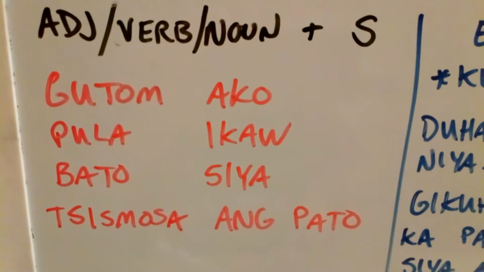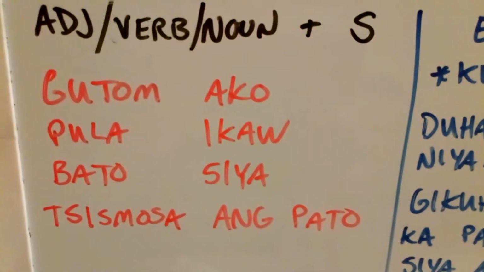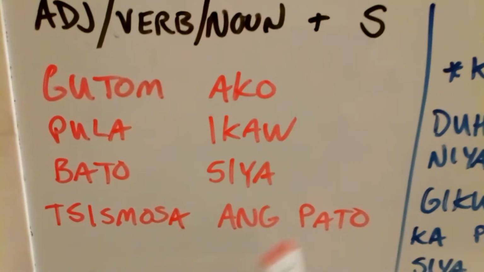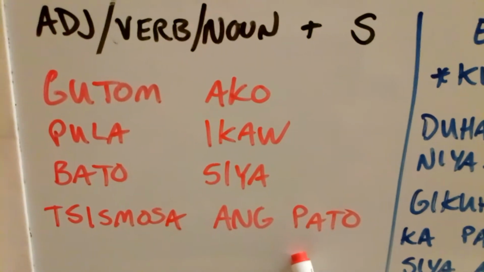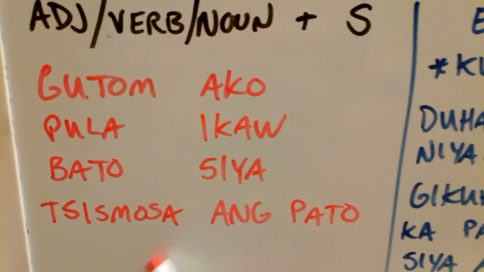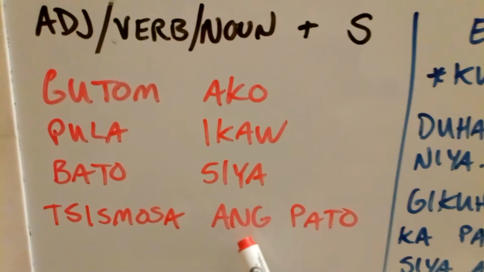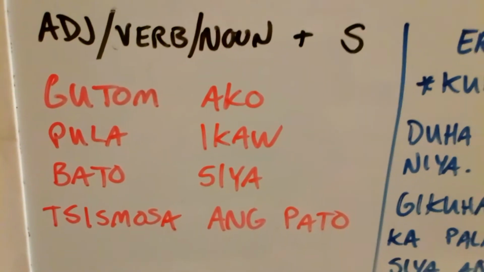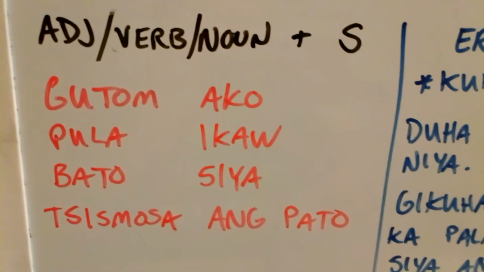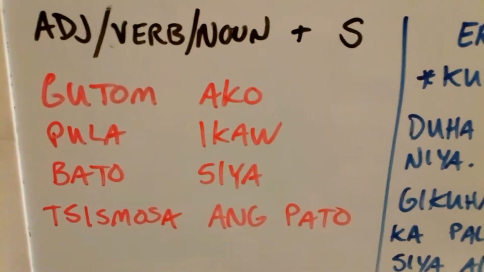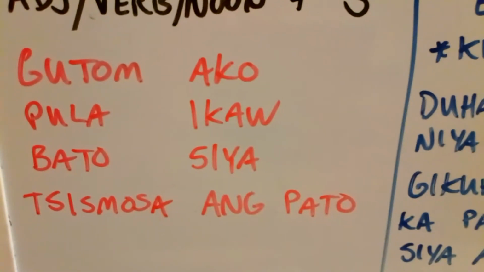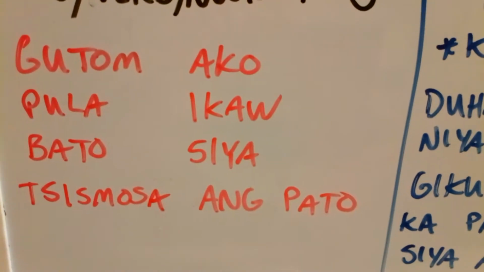The duck is gossipy. How do we know that we're talking about the duck and not the duck being gossipy? We're talking about the duck because of this absolutive marker, ang pato. When I hear that, ang pato, I take it that you're talking about the duck. That's your focus, your absolute focus.